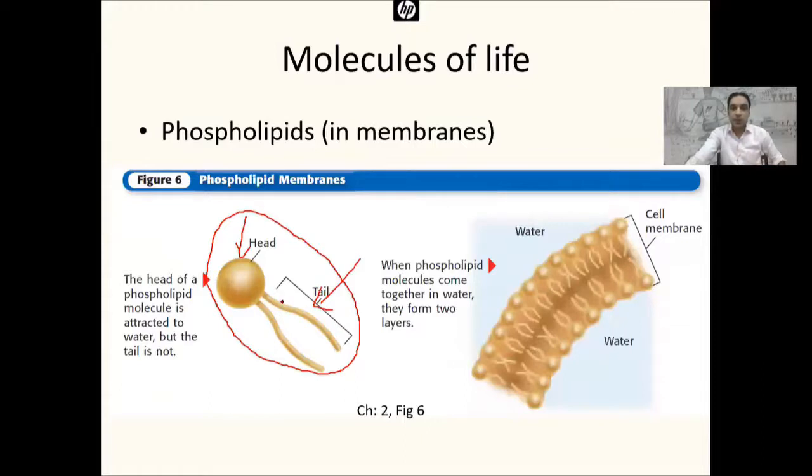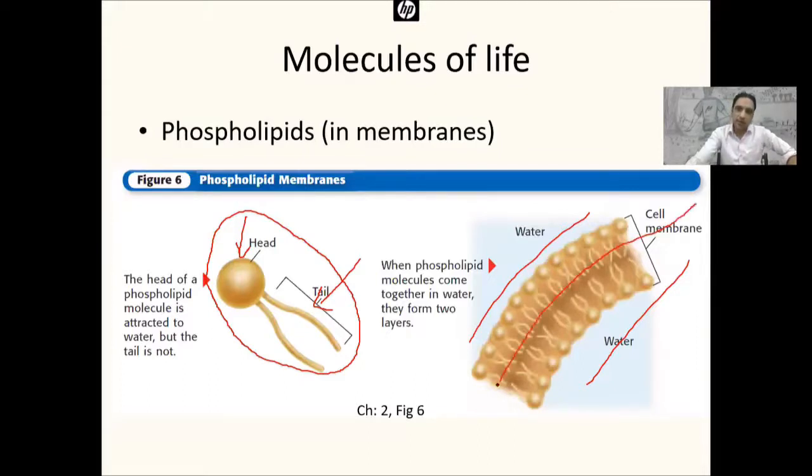When such lipid molecules exist together, they arrange themselves in a bilayer like this, where the polar heads of the lipid molecules are pointing towards the outside. So for example, if this is the cell, this is the outer boundary of the cell.